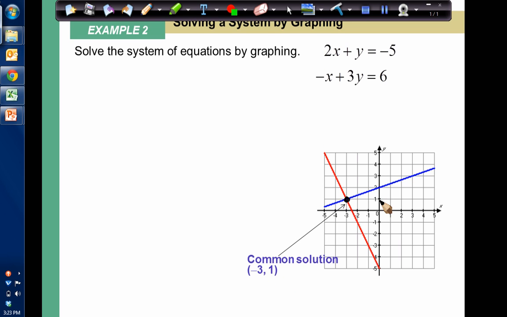If you can graph it and see where they intersect, a lot of times you can do that on your graphing calculator. Your graphing calculator will actually calculate the intersection for you. If you press calc, and calc is second trace, then go to intersect, which I believe is maybe number 5.